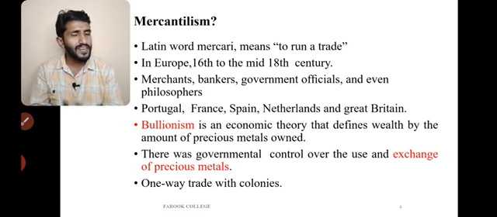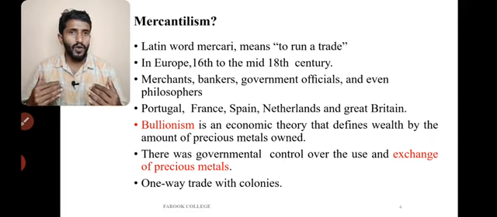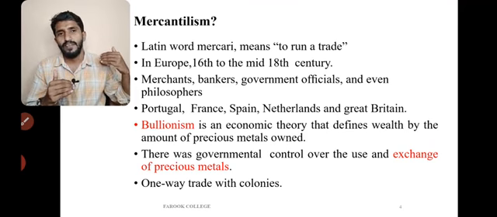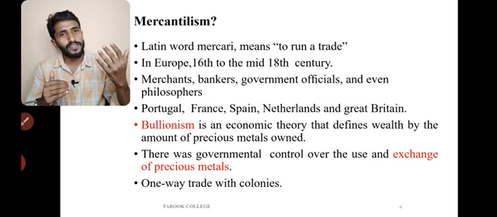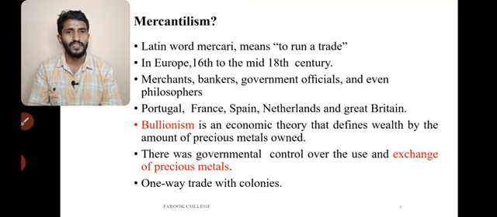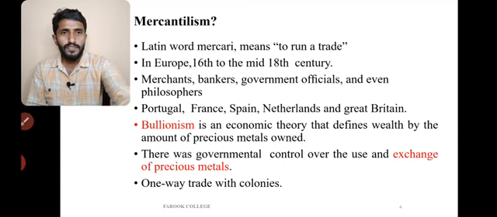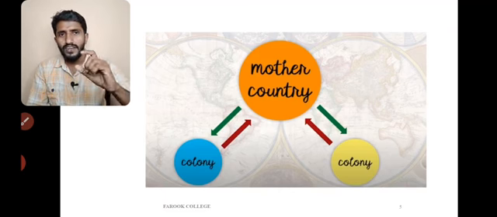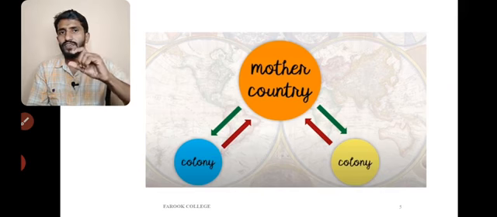So how was the trade relationship with the colony? We Indians were exporting all our raw materials to Britain. And what was Britain doing? Britain was exporting all the manufactured or industrial products to us. So this was the trade relationship, right? In the same way, in mercantilism also, there will be a trade relationship between the mother country and the colonies.